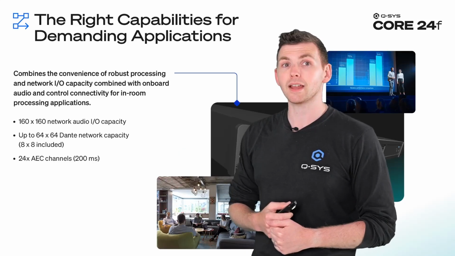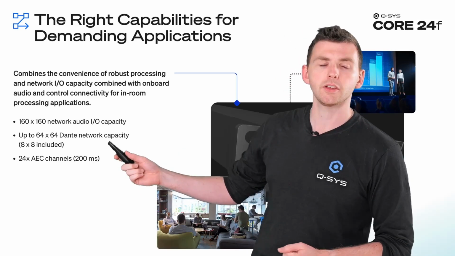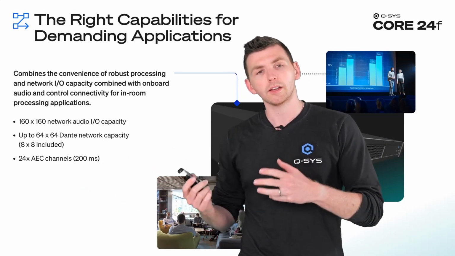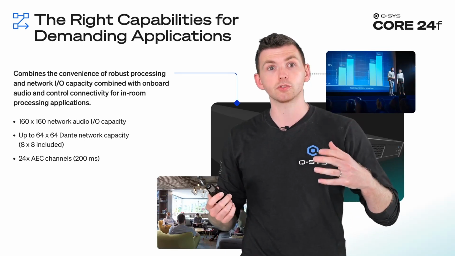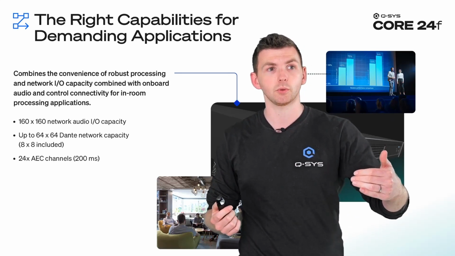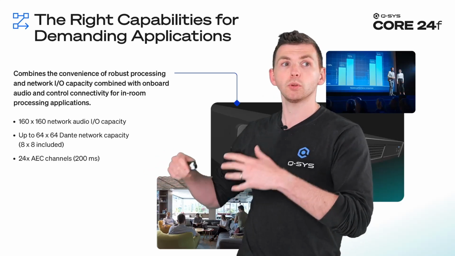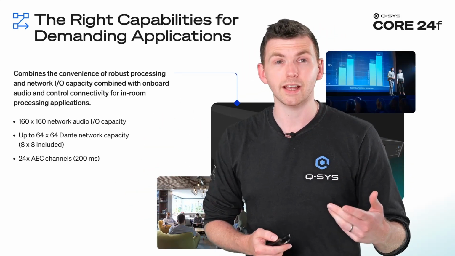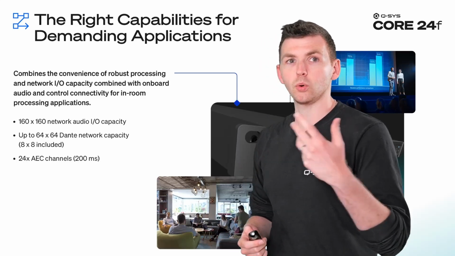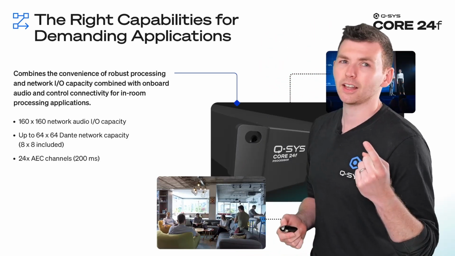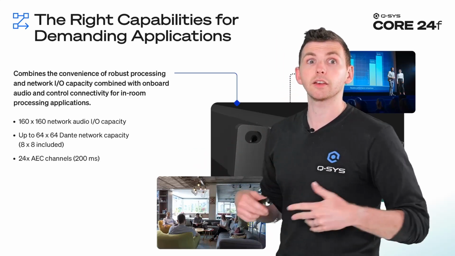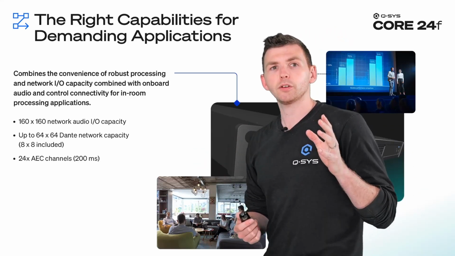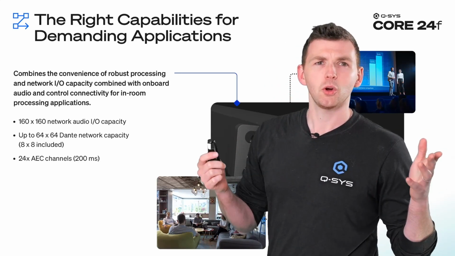Double the maximum Dante capacity, and 50% more echo cancellation channels than those cores with the scaling license. And it's basically got double the general DSP performance as those cores with the scaling license. So if you can think of a Core Nano as 1x, scaling license roughly 2x, this is like 4x processing.